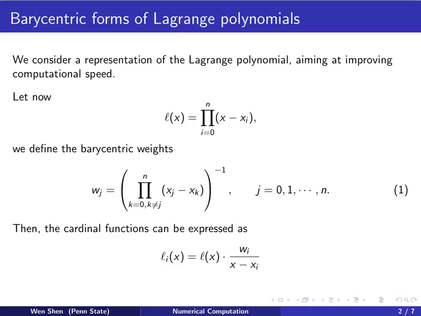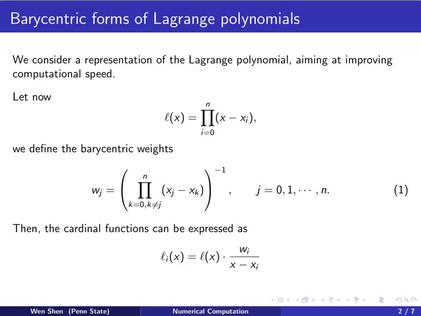So with the definition given for function L and the weights W, we can express the cardinal functions very easily with these two. So the cardinal function Li for the point xi will simply be L of x, the polynomial with the n plus 1 terms, divided by an expression that is the weight Wi times x minus xi.